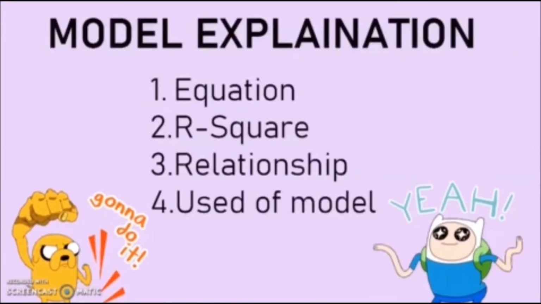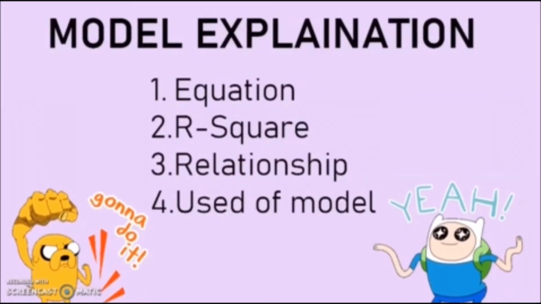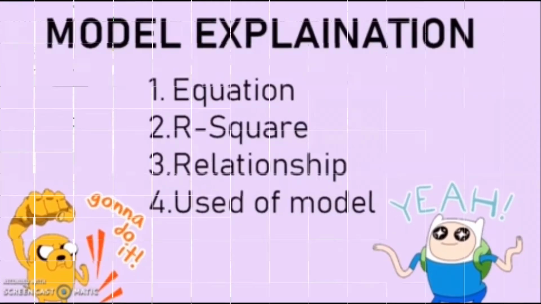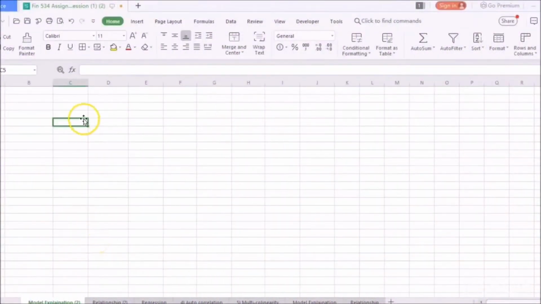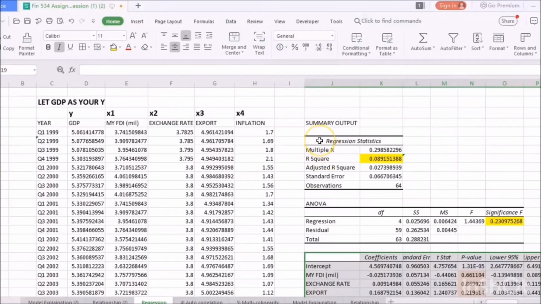For the second part, we will show you the model explanation. Firstly, we will do the equation followed by R square, then relationship, and lastly use of model. So next is model explanation. For model explanation, we have to use the equation coefficient.